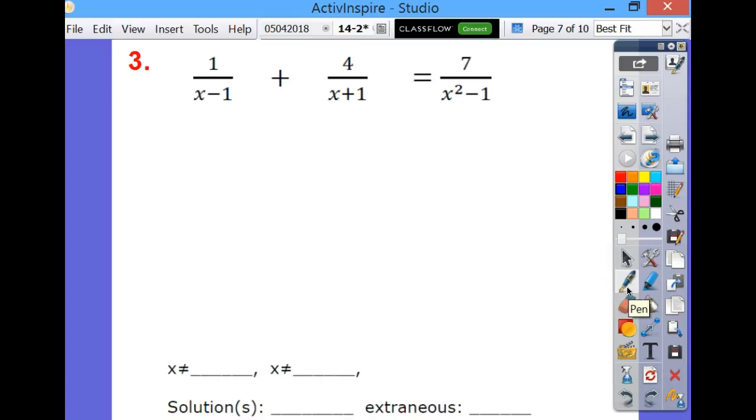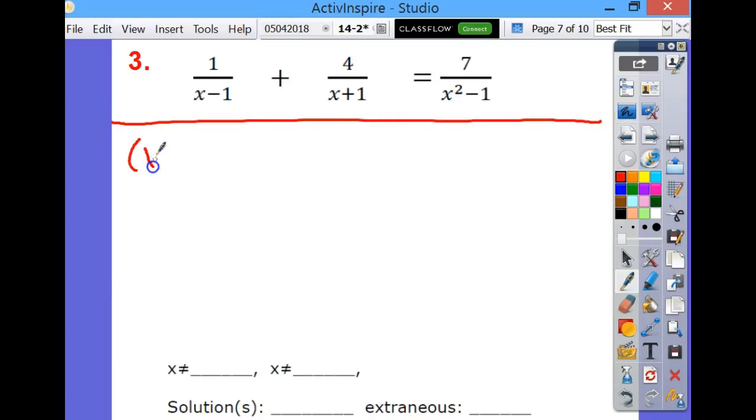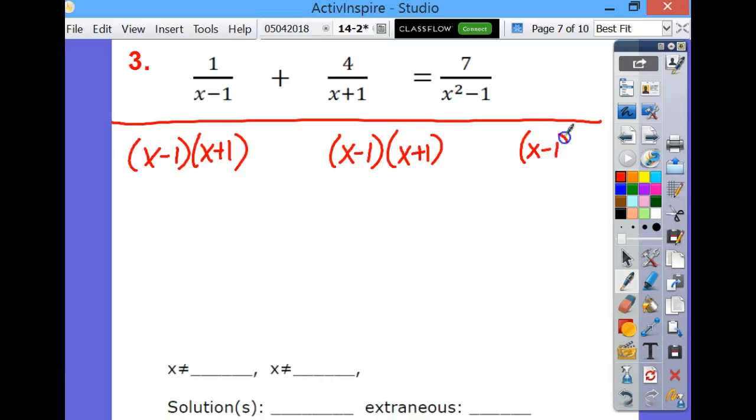The only difference between what we did yesterday is yesterday we had 2 terms and this has 3 terms. We're still going to multiply everything by the least common denominator. This common denominator is x minus 1, x plus 1.